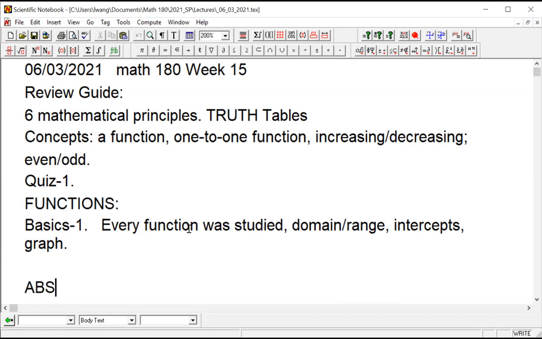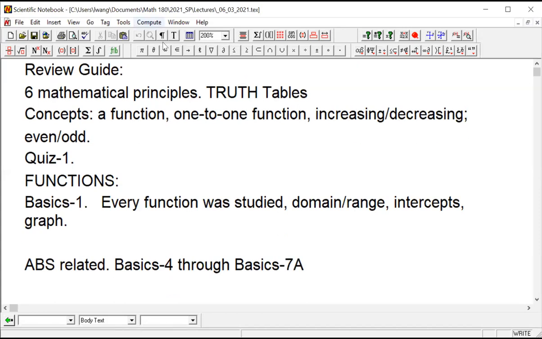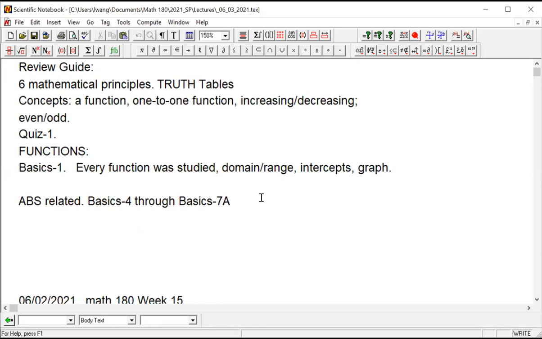Absolute value related. Basics 4 through basics 7A. Make the font just a little bit smaller. Basic 4 through basic 7A. These are absolute value related.